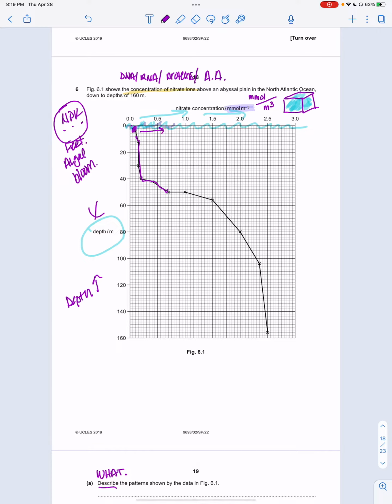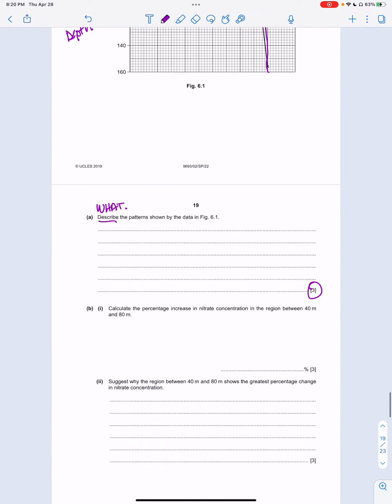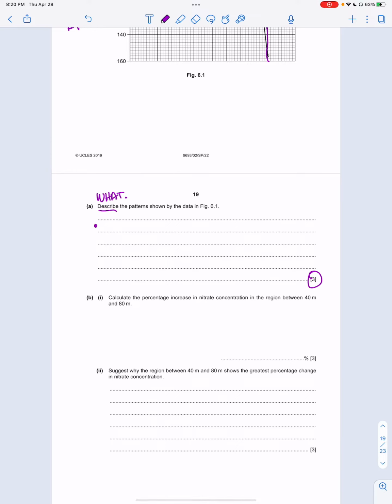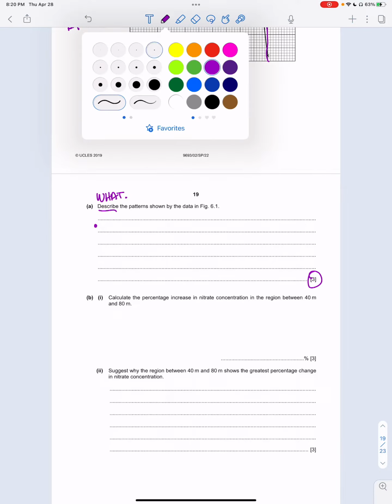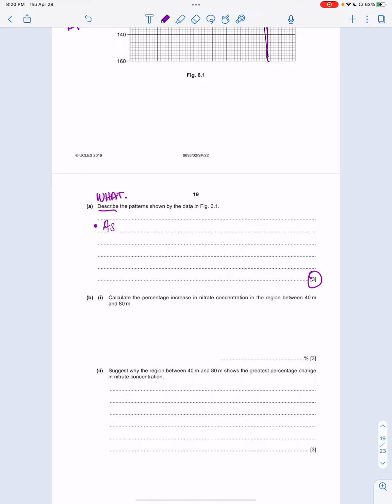This is nitrates getting higher when moving this direction, still increasing, higher and higher. If this line went the other way, that would mean it would be getting lower, but it's not. So we can say that in general, and then maybe give some specifics like they want.